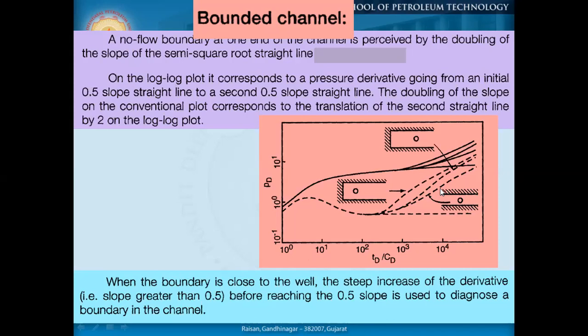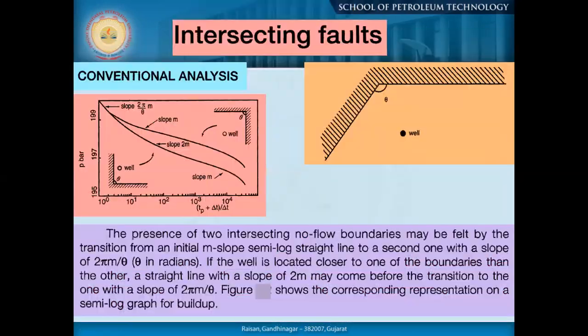So when the boundary is close to the well, the steep increase in the derivative before reaching the 0.5 slope is used to diagnose the boundary in the channel. This is how, depending on the derivative curve, you can understand the type of flow and the physical nature around the wellbore. So this is how it behaves when you have a bounded channel.